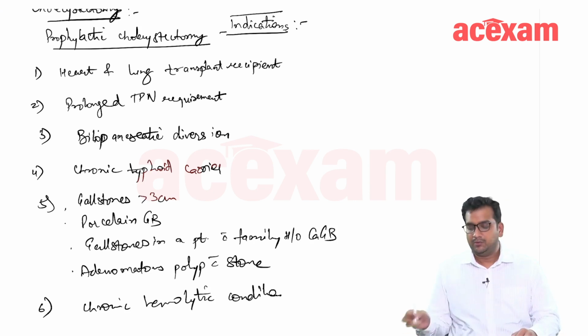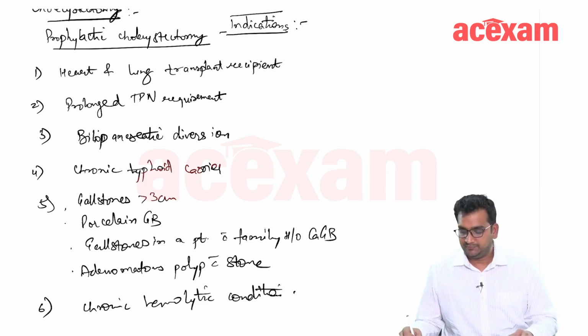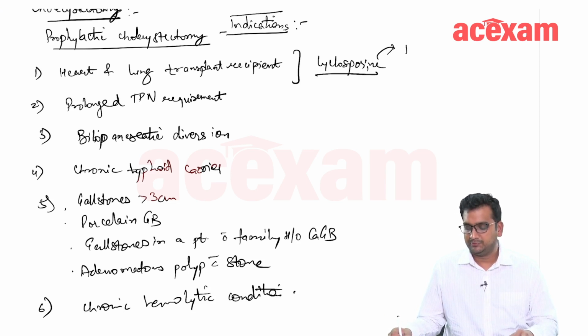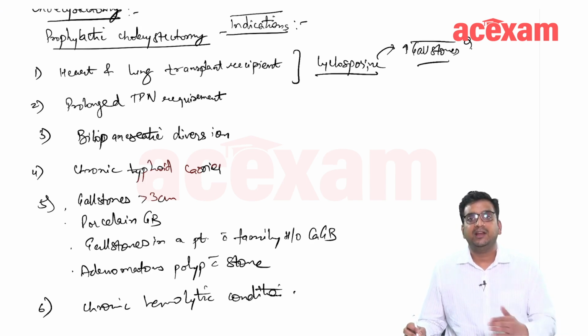But now, in heart and lung transplantation, we are using cyclosporine. This cyclosporine increases the possibility of gallbladder stones. That is why a prophylactic cholecystectomy is required. This prolonged TPN requirement leads to stasis of the gallbladder and leads to formation of gallstones.